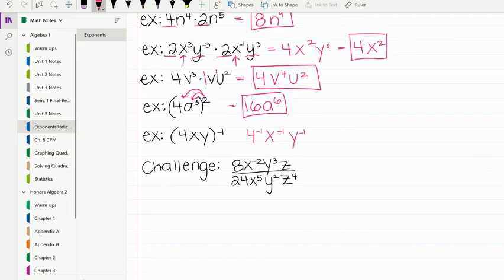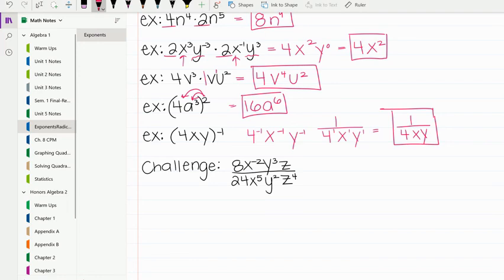So in order to make them positive, I'm going to take the number, which technically there is none, so I'm going to use 1, and this would become 4 to the positive 1, x to the positive 1, and y to the 1. Now I don't really need those 1s, so I'm just going to write this 1 over 4xy, because anything to the first power is just going to be itself.